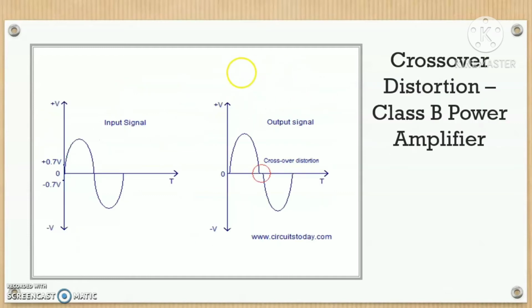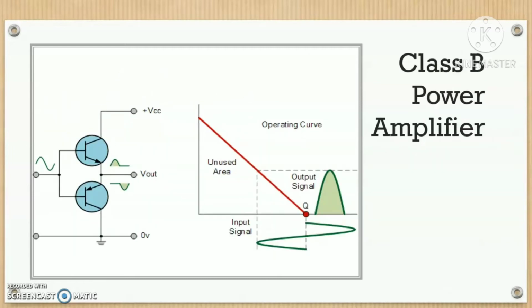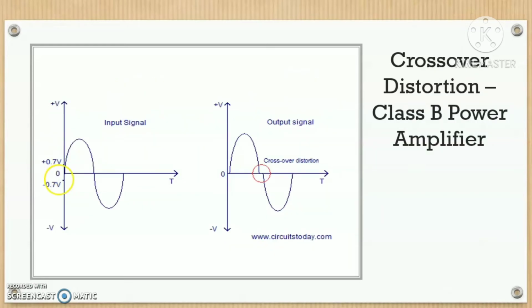Now this is crossover distortion. We have seen in the class B power amplifier that when you give the input voltage, a transistor is going to conduct. When your input voltage is less than 0.7, what will happen? Your output will be 0 because your transistor is not conducting.